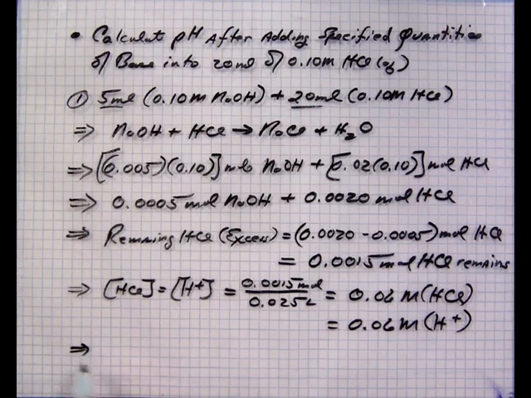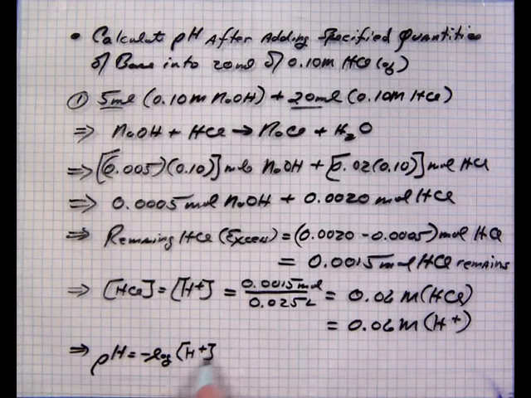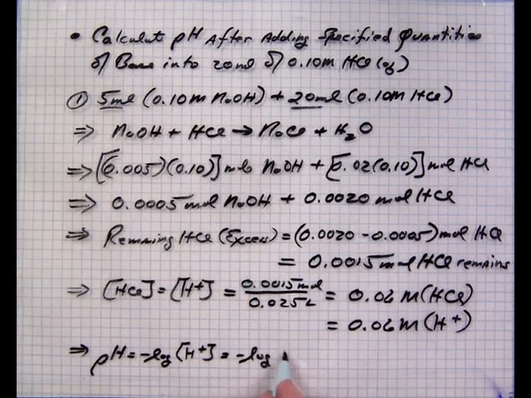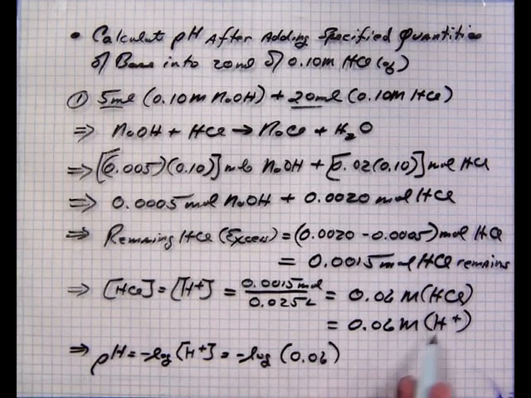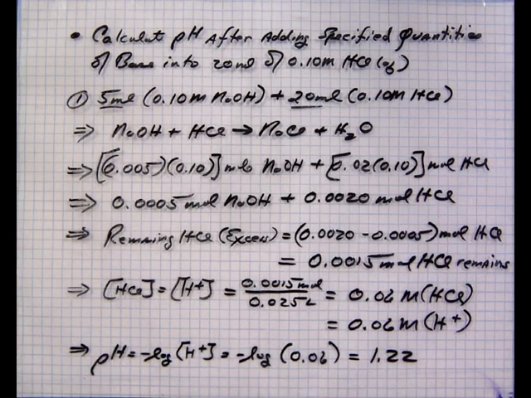So to calculate the pH of the solution after we add the first 5 milliliters of sodium hydroxide, it is minus log of the hydronium ion concentration, which is minus log of 0.06, and that gives us 1.22 as the pH after the first 5 milliliters of 0.1 molar sodium hydroxide is added into the solution.